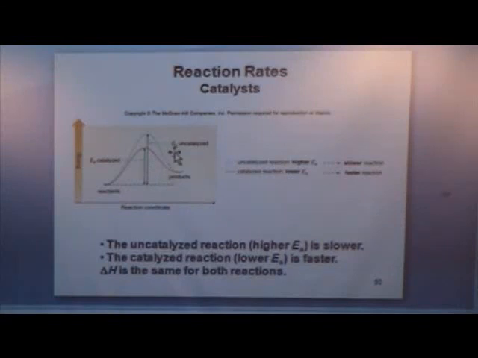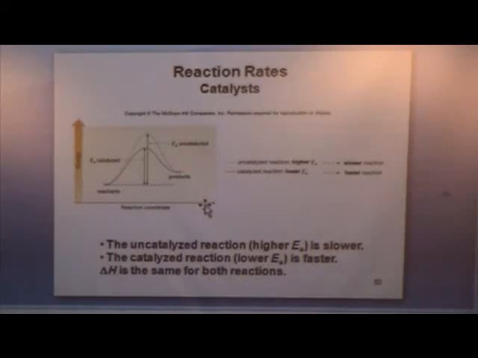The blue one shows the uncatalyzed reaction, that means a reaction without catalyst. A higher activation energy is needed. The lower one, the red curve, is the catalyzed reaction. A lower activation energy is needed. Activation energy basically means the energy needed to convert reactants into products. How much energy is needed.